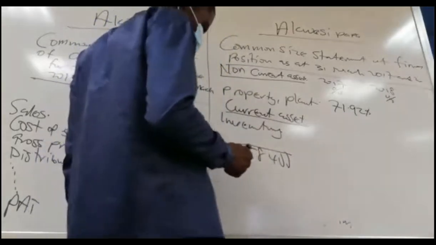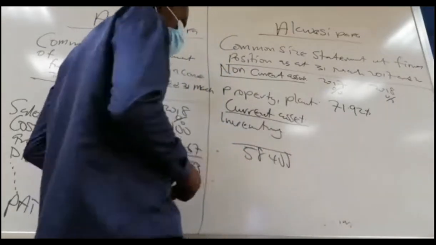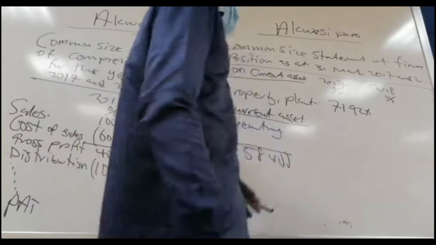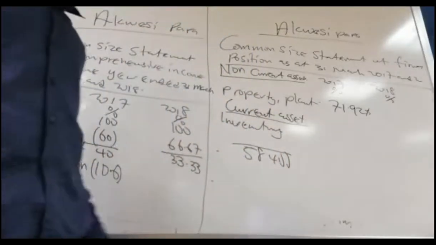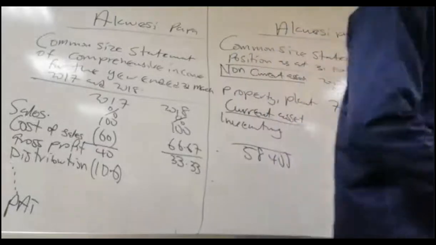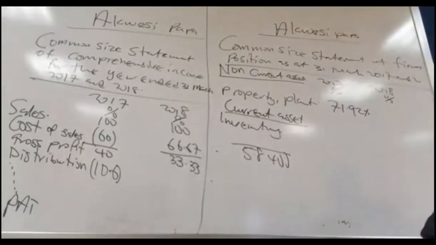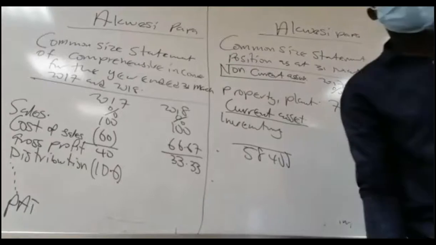Inventory will be the figure over 58,400 times 100. So the percentage, what will you get? Great. So now let's see.